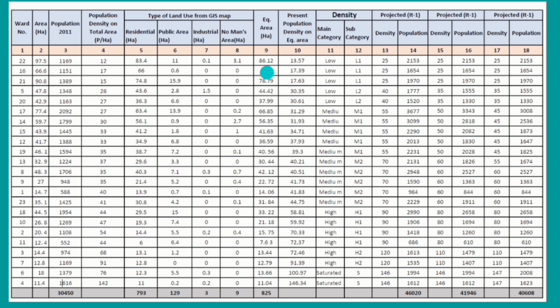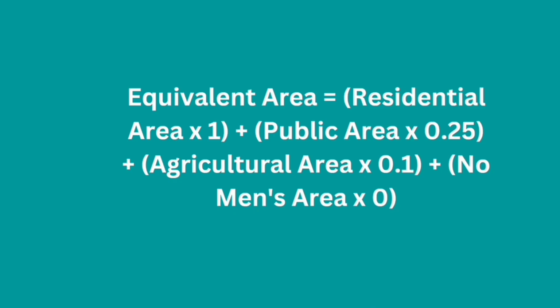Now here is the concept of equivalent area. So what is this equivalent area? To calculate the equivalent area, you have to give various weightages to these units that are there. Okay, and what are these weightages? Let me elaborate. Now here is the rationale behind the calculation of equivalent area. You have to take the weightage for residential area as 1.